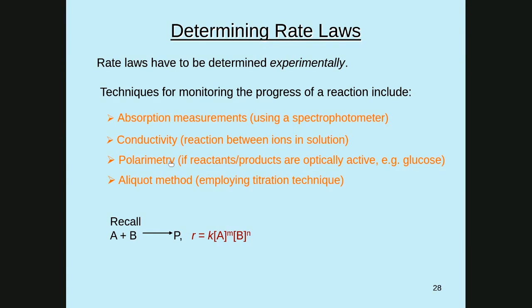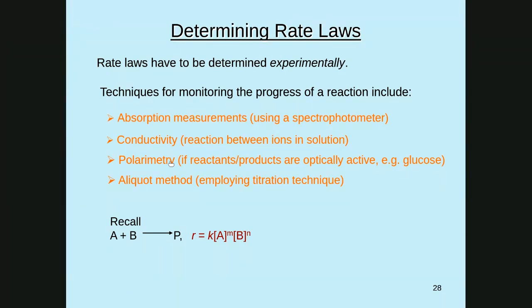If you have, for example, a mixture of alpha and beta glucose, different stereochemical forms of glucose, one compound turns the plane of polarization in one direction and the other in the opposite direction. So if an inversion is taking place between the two, you will find that the plane of polarization turns in the course of time. By monitoring the rate at which that occurs, you can say something about the kinetics of the process.